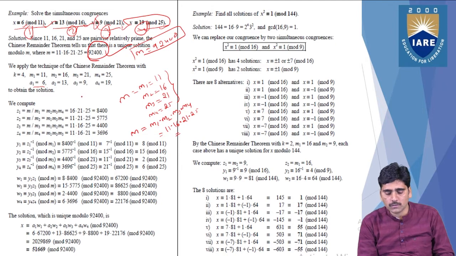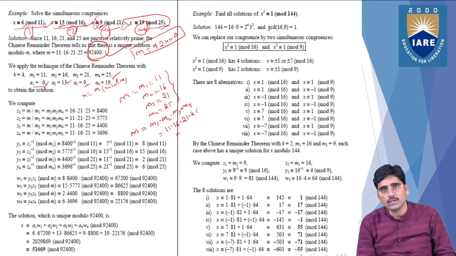As per the theorem, x equals A mod M. So A1 equals 6, A2 equals 13, A3 equals 9, and A4 equals 19. Now we know that M equals M1 M2 M3 M4, that is 92,400, and we know the A1, A2, A3, A4 values also, right? So we know the M values and A values to obtain the solution.